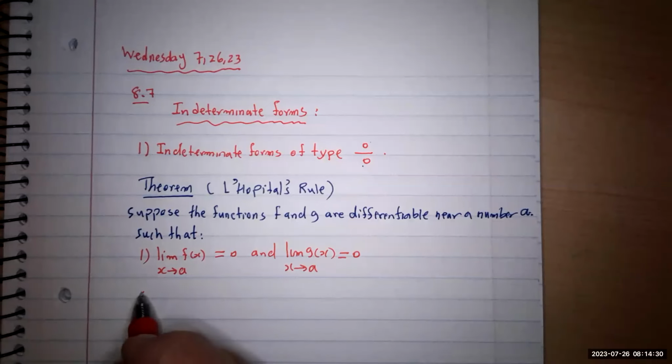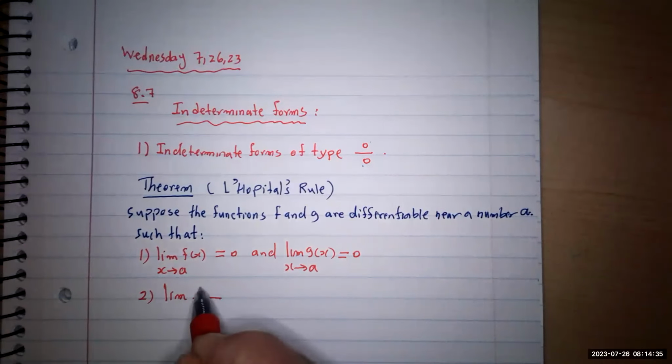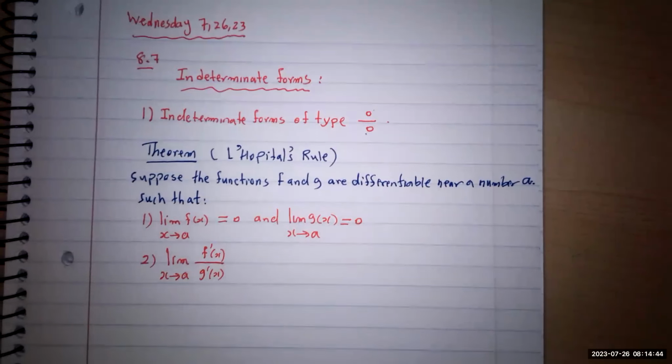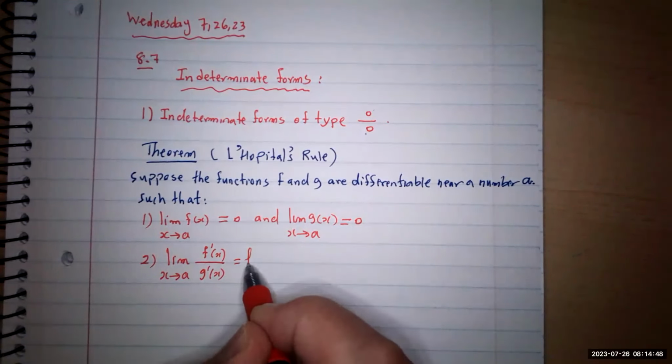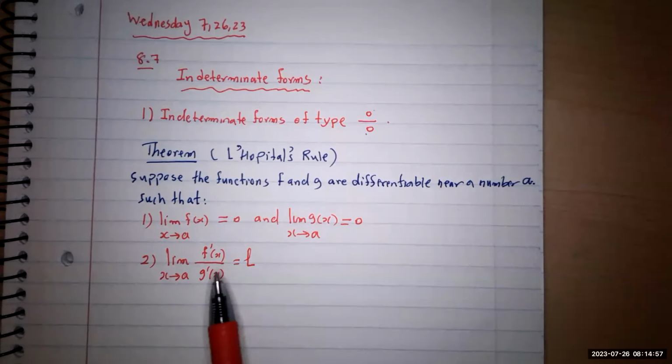Number two is the limit of f prime of x over g prime of x as x goes to a, the ratio of the derivatives. If this limit exists and is equal to L, so you have the 0 over 0 case, then you check this limit, you form f prime over g prime as x goes to a, and you find out that this limit exists.